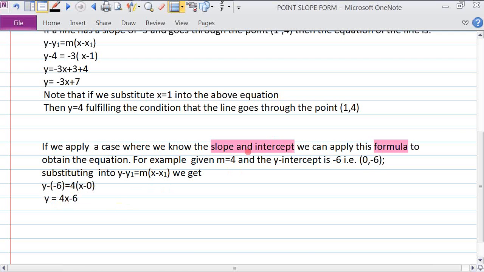So even though we know m and b, and we could plug them directly into y equals mx plus b, because we would get m equals 4 and b equals minus 6, we can do the same thing by considering it as a point and using the point-slope form. So whether we use the slope-intercept form or we use the point-slope form, we get the same answer.